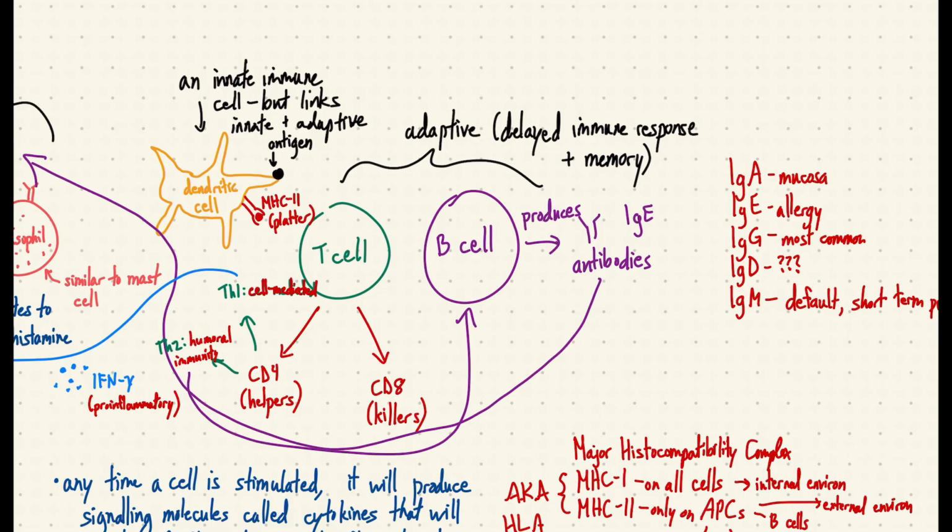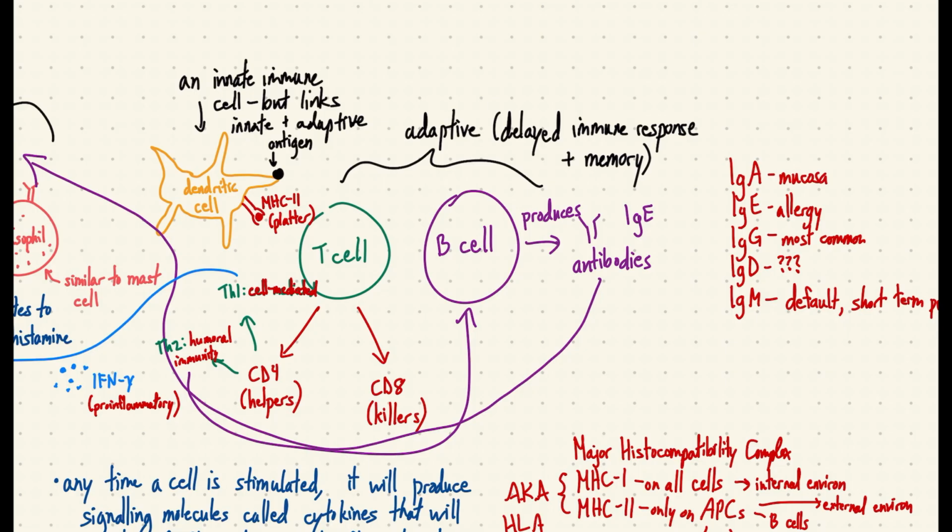This response is also more specific to the pathogen that is affecting you because it needs time to understand the pathogen and to create antibodies that are effective against very specific pathogens. The adaptive immune system is also responsible for your immune memory. You can get memory T cells and memory B cells, which store the memory of the pathogen that they encountered and can be reactivated in the future.